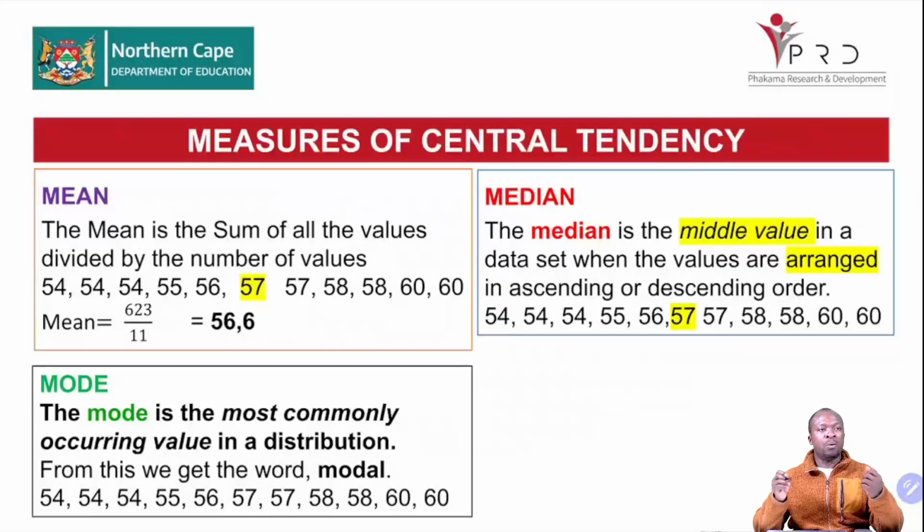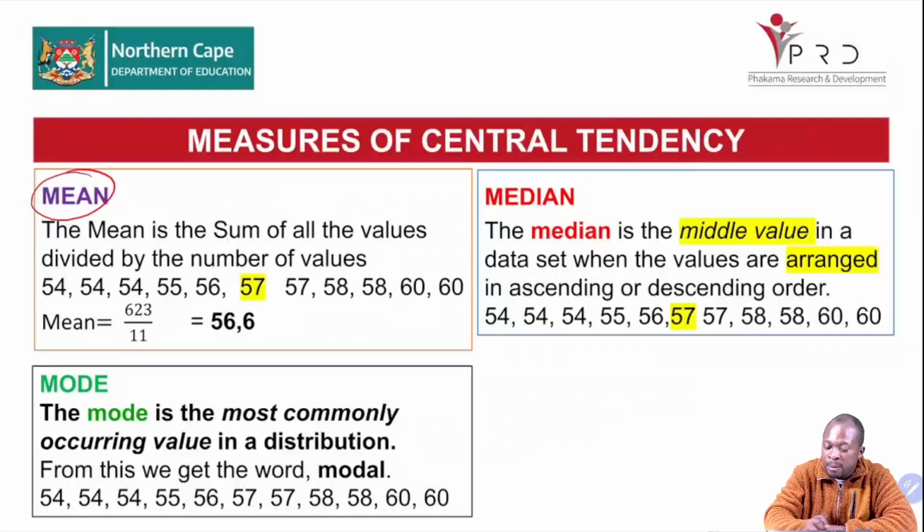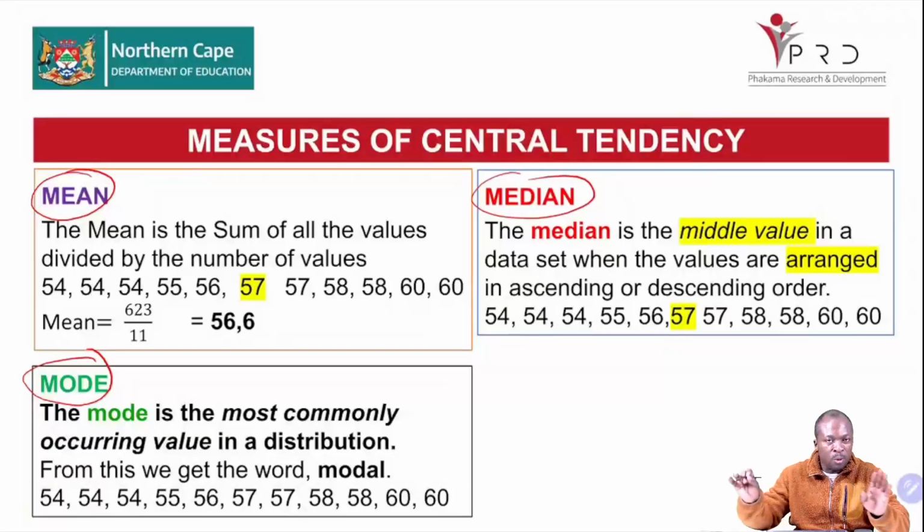So now let's talk of what we call measures of central tendency. What are we talking about? Measures of central tendency. Whenever you hear measures of central tendency, we are talking about mean, median, and mode. Don't include the range. The range belongs somewhere else.